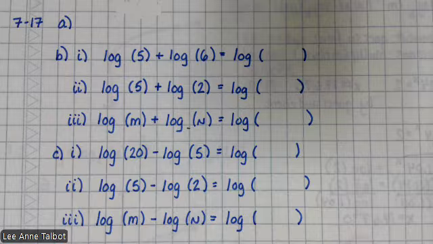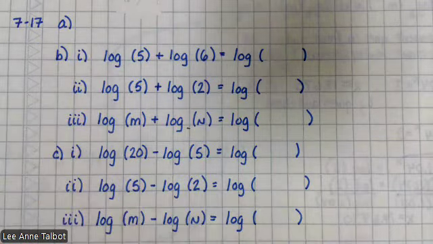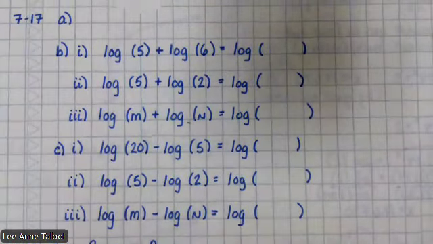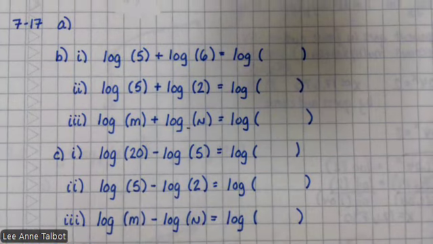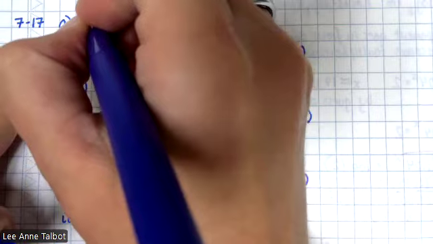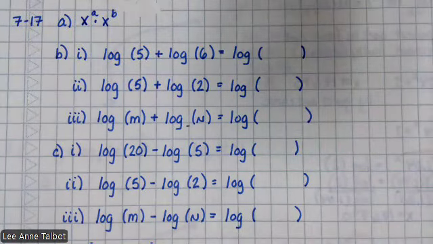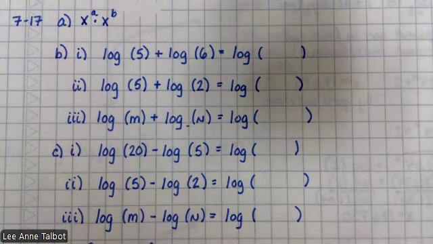So these are not hard. These problems take 10 times longer to set up than they do to actually do. Okay. In A, notice there's nothing there. What I want to do is talk about math 1, exponent rules. If I have x to the A times x to the B, those are of the same base and I'm multiplying.